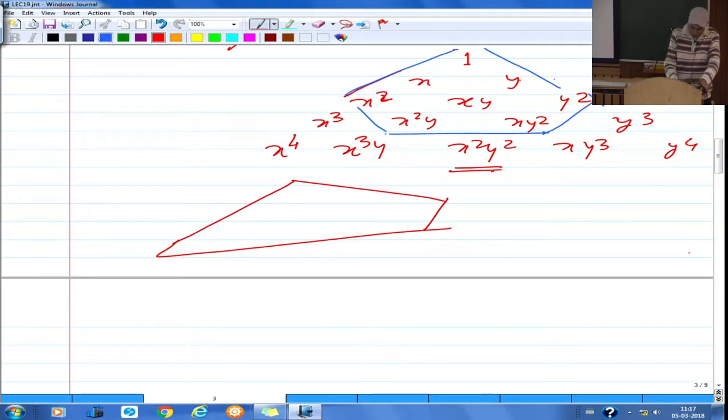So this is one triangle, this is another triangle, and then another triangle here. Like that you are discretizing this into a number of triangles, and so on. That's how you are doing the discretization.